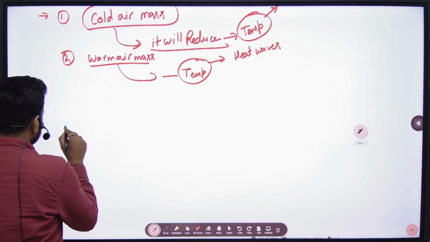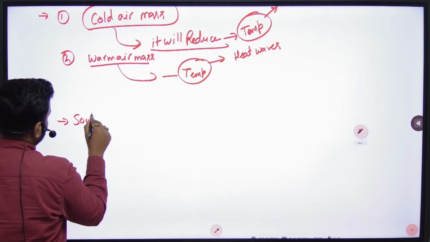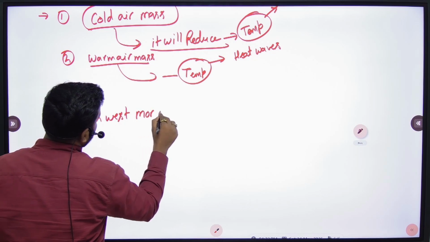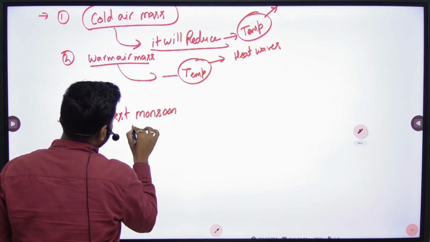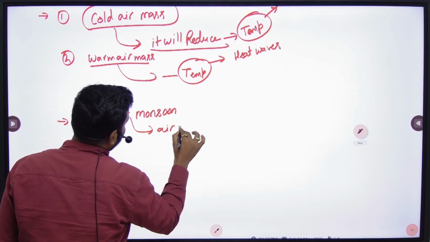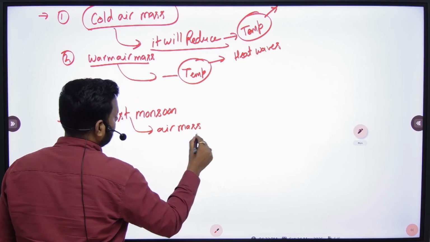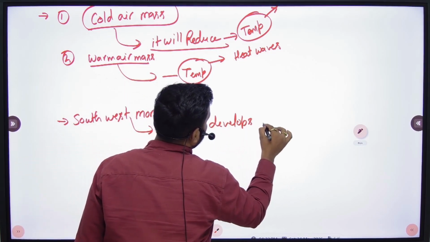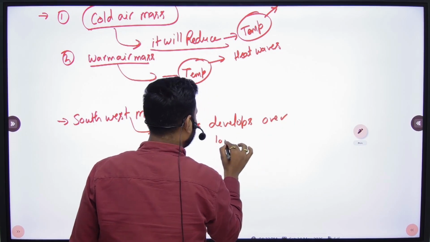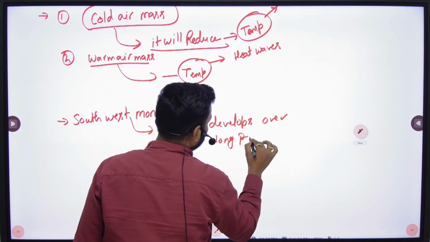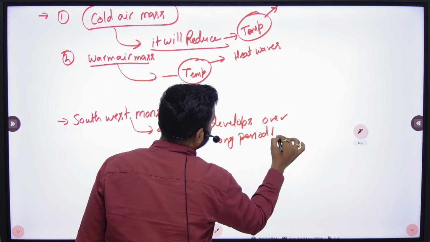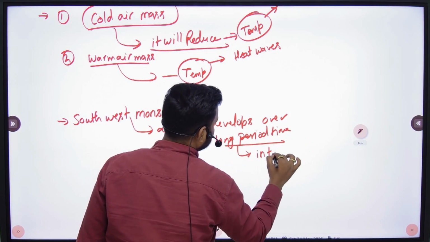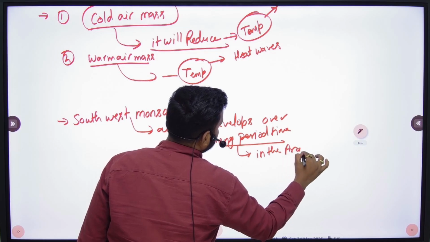Now the southwest monsoon is another type of air mass which develops over a long period of time in the Arabian Ocean.